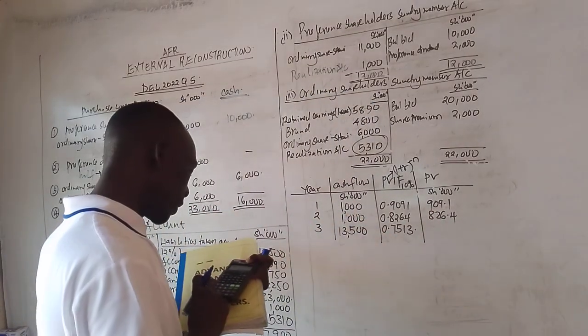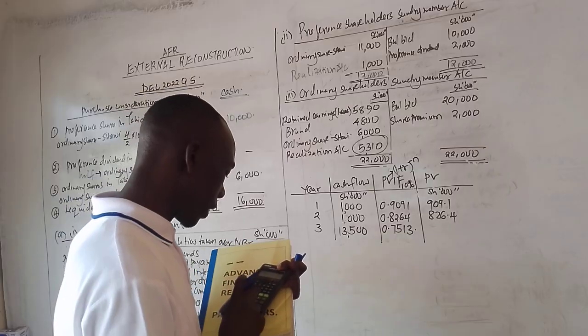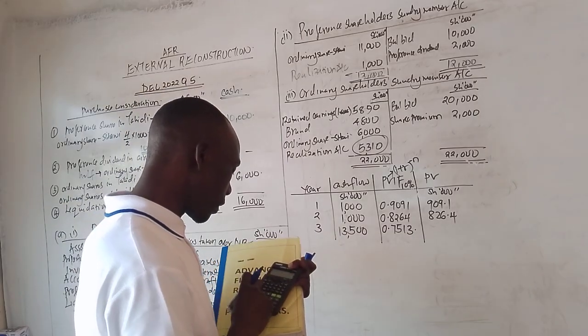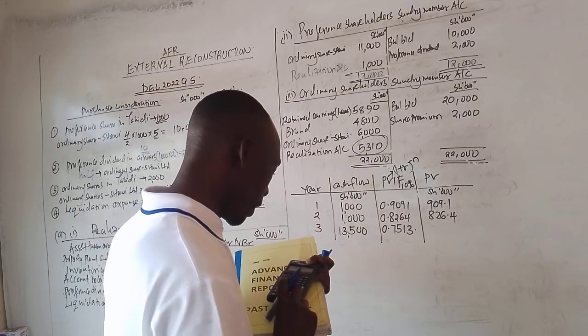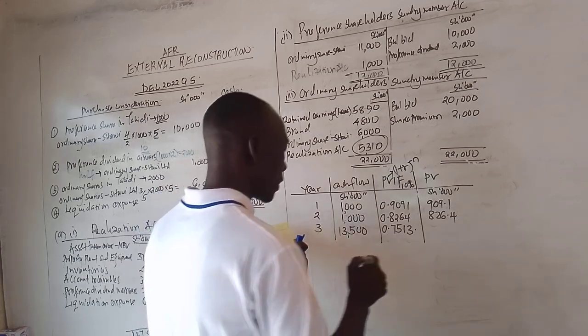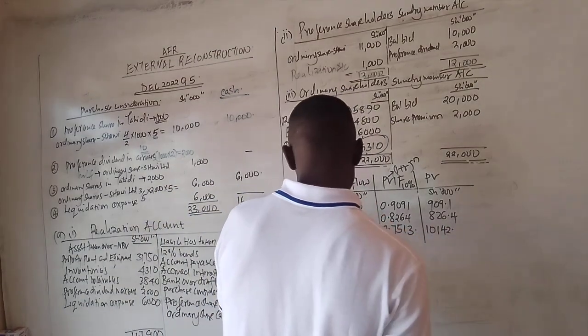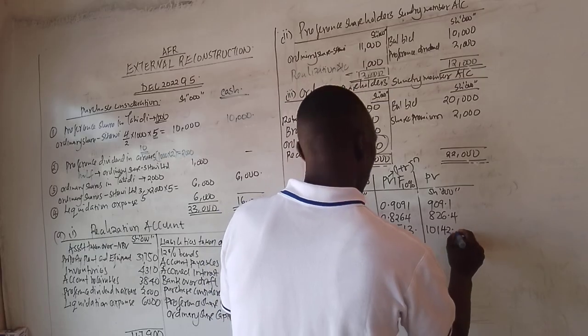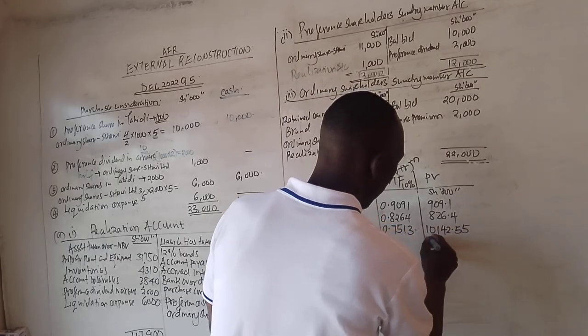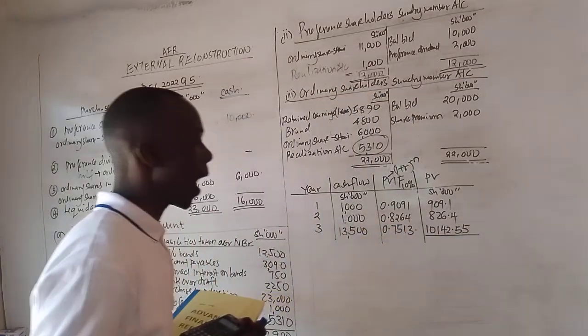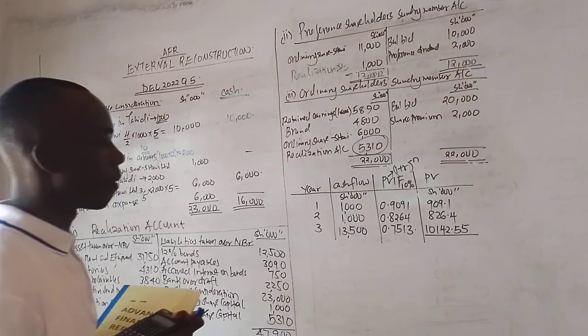Then the third case, you take 13,500, then we multiply by 0.7513. So this one we are getting 10,142.55. Then let us get the total and round off to the nearest whole number.